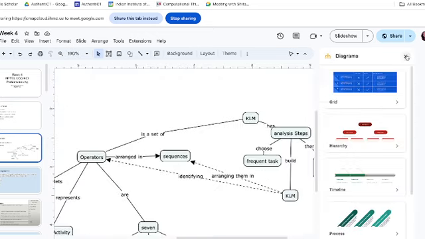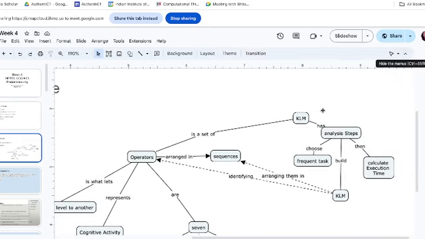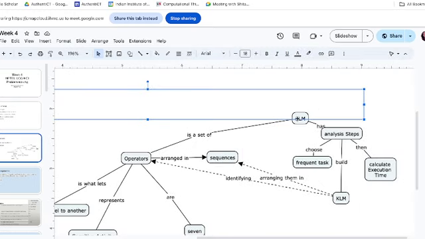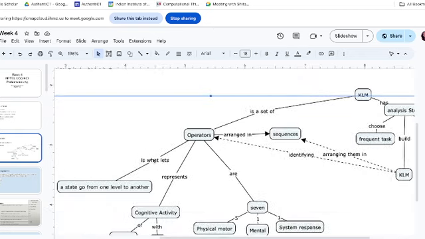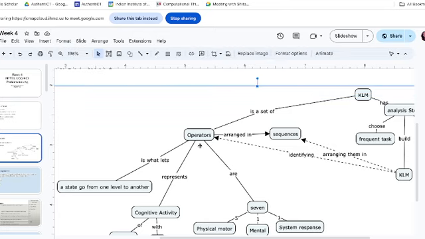So a KLM model is a set of operators arranged in sequences. So we get the operators, and then there will be sequences about them.